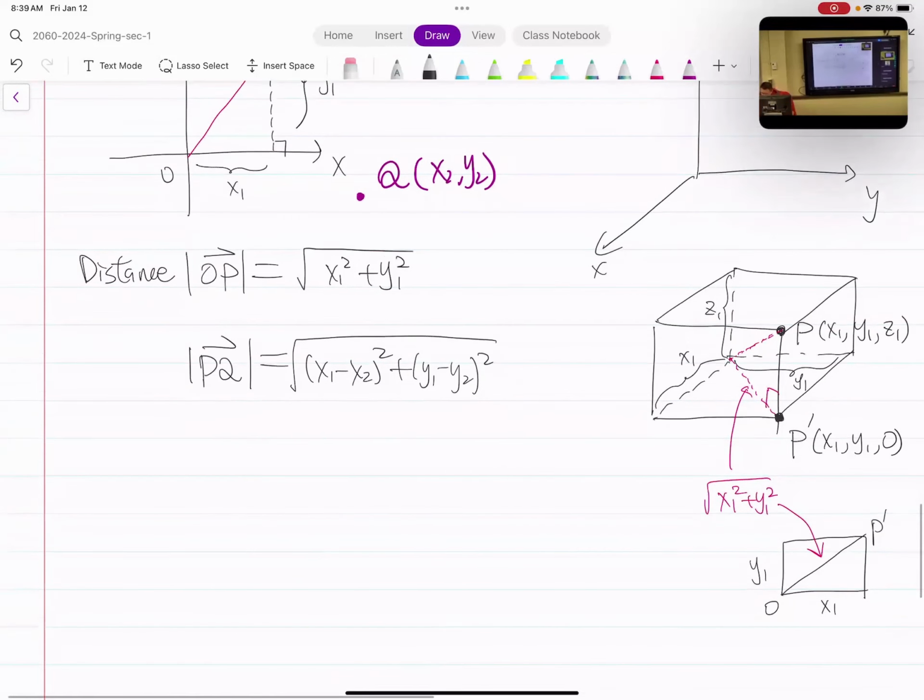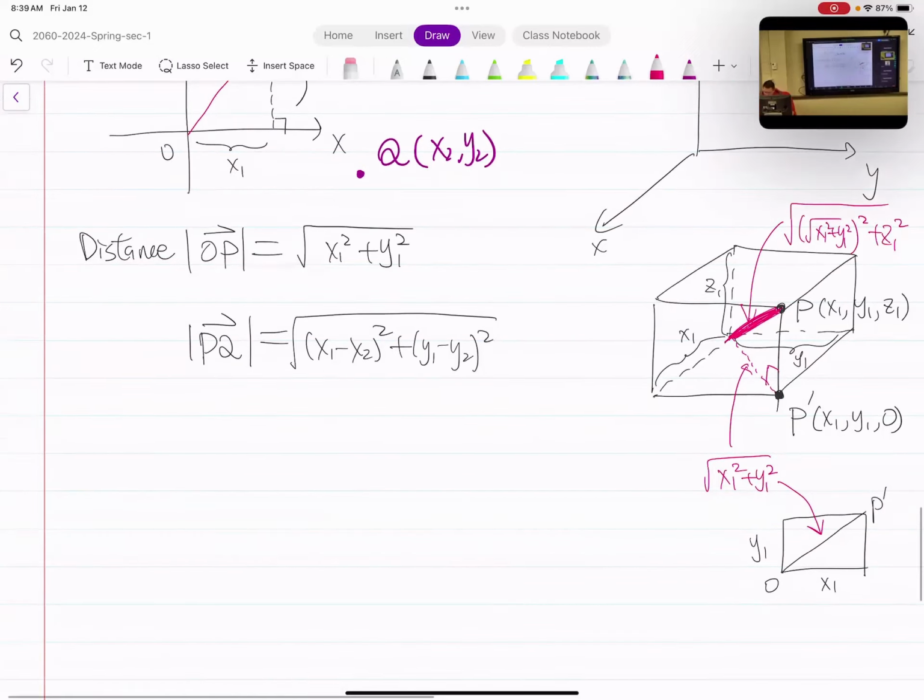And now for this dashed line, now it's in solid. So what do we need? We just need the square of this plus the square of this, and then we'll put the whole thing under the square root. That's actually the square root of the square of the bottom plus the square of the height, which is z1.